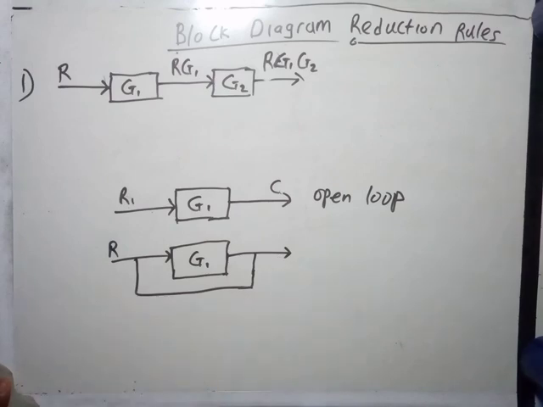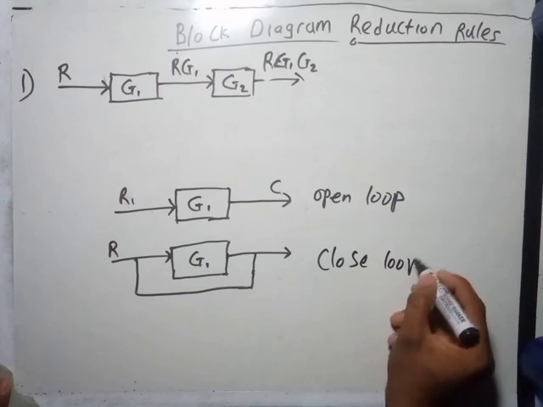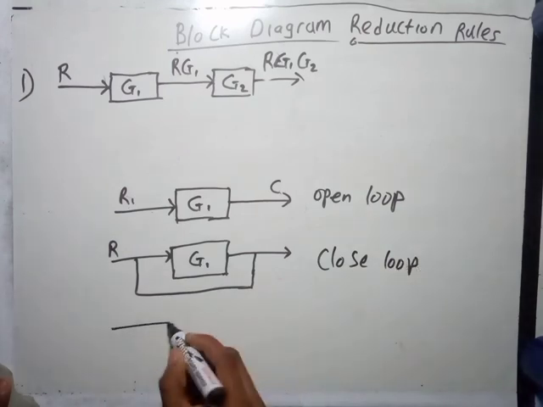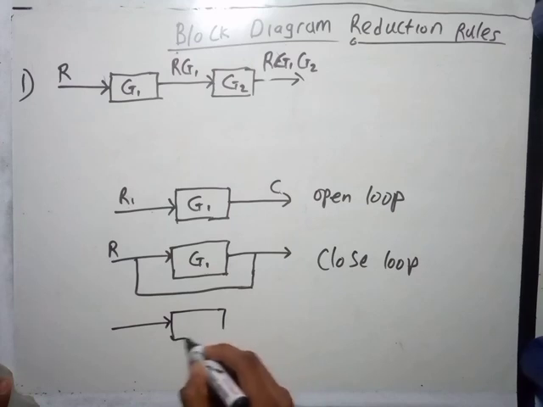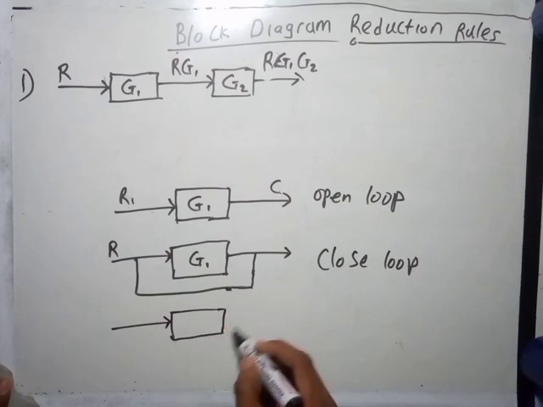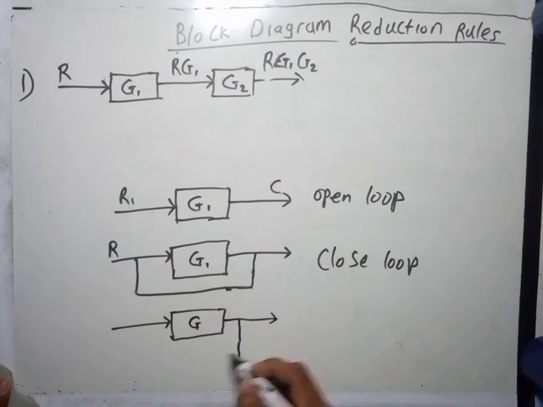Now another form of closed loop is your feedback closed loop. This one has another transfer function on the feedback part.